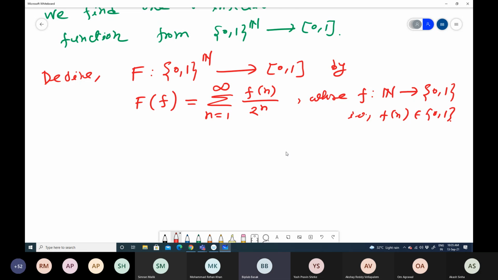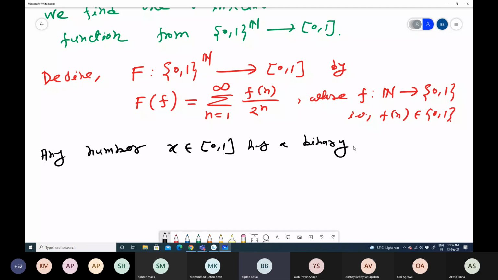Exactly. Yeah, that is the answer. So that means any number x belonging to [0,1] has a binary representation.